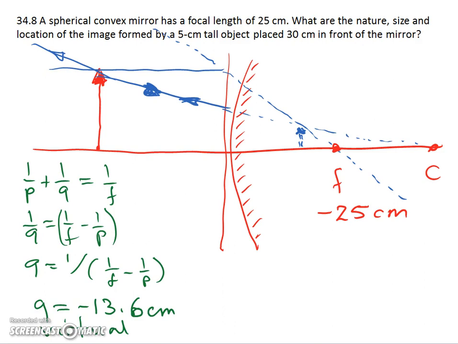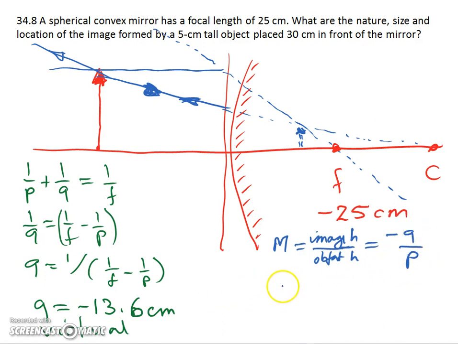And we can use the magnification. So the magnification is the image height divided by the object height. So magnification m is equal to image height over object height, and that is equal to, because of the real is positive sign convention, minus q over p.